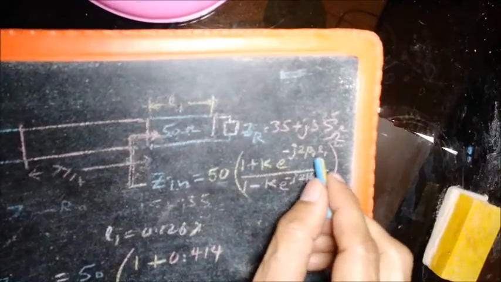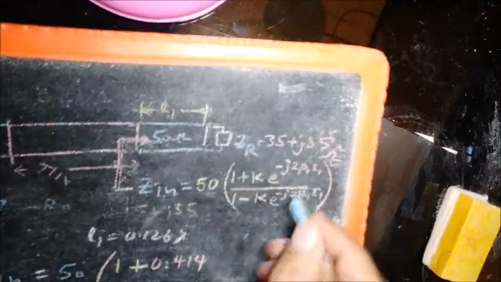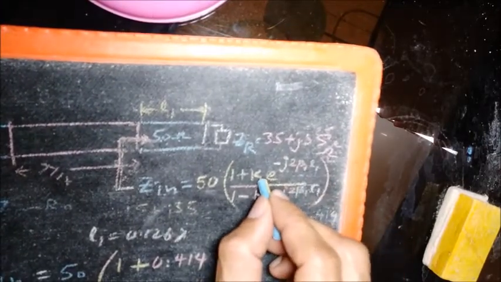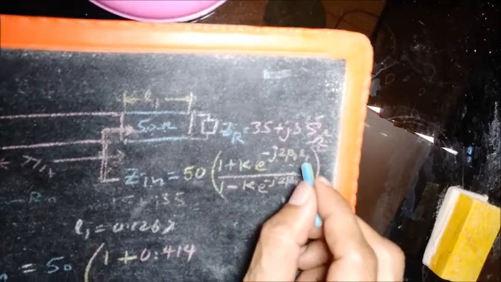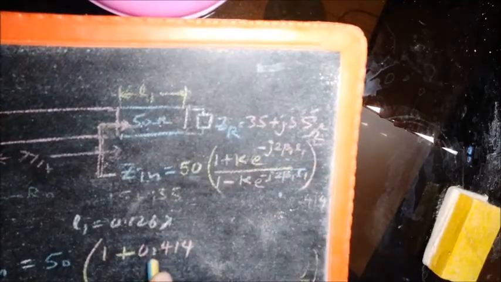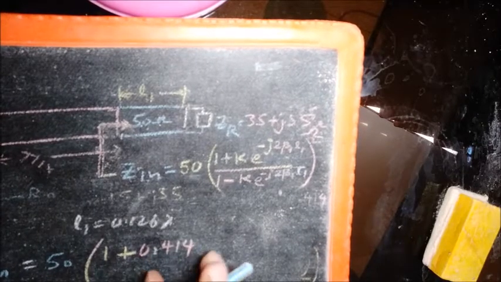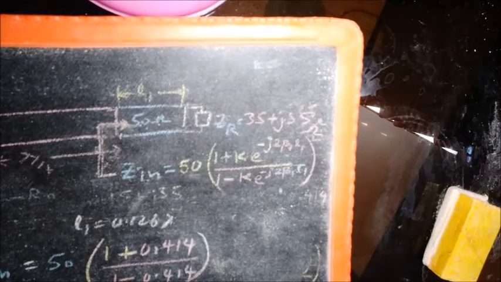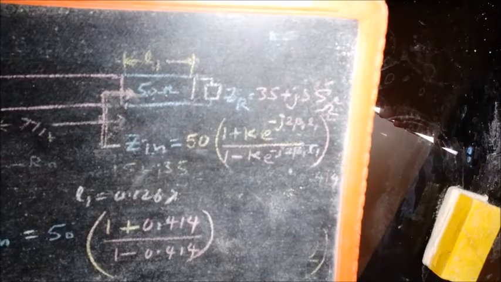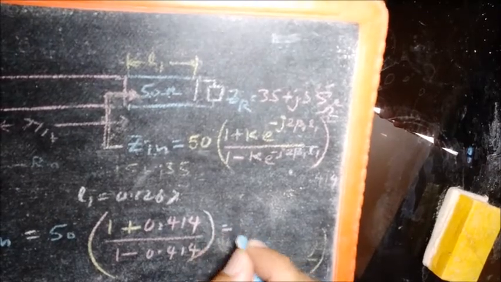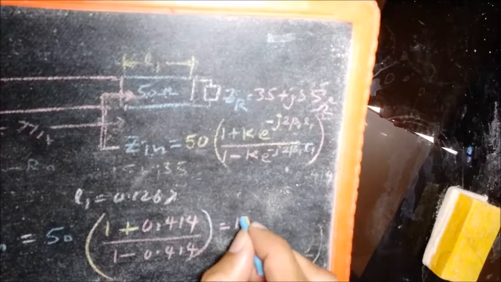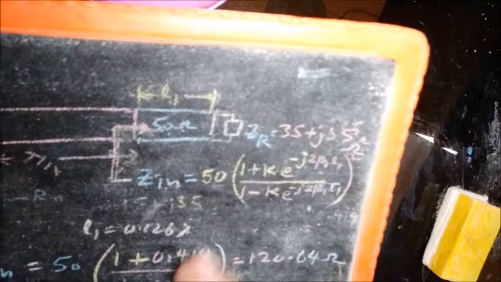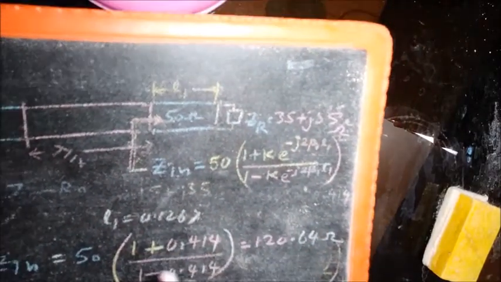Beta 1 L1 is adjusted such that, that's what we have been discussing all this while, this part, that is including the phase part of K, becomes 1. So I just have to write 0.414 here. It is as good as 1 plus magnitude of K divided by 1 minus magnitude of K. That will be the input impedance. And this turns out to be 120.64 ohms.